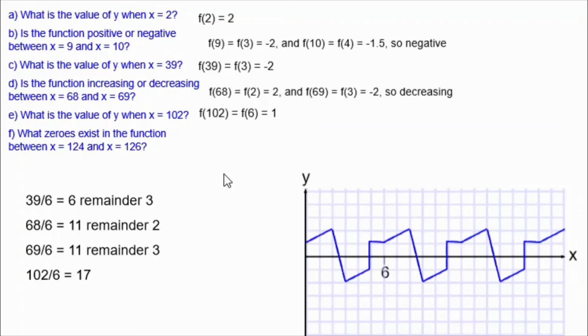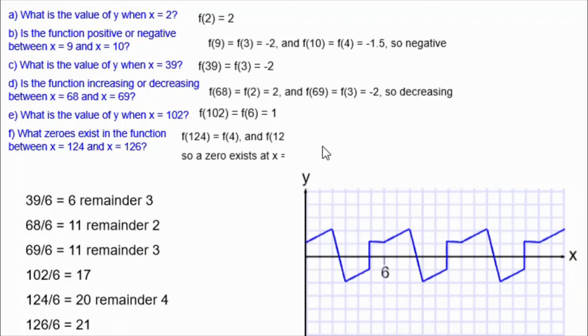Finally, what zeros exist in the function between x equals 124 and x equals 126? I divide both of those values by my period of 6. 124 divided by 6 gives 20 with a remainder of 4. And 126 divided by 6 gives exactly 21 with no remainder. Therefore, I can say f of 124 equals f of 4, and f of 126 equals f of 6.